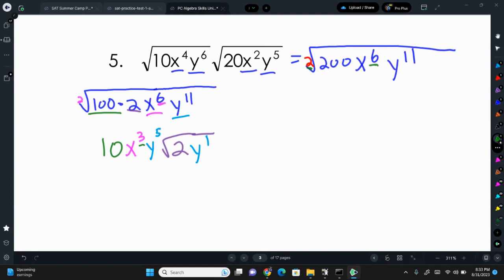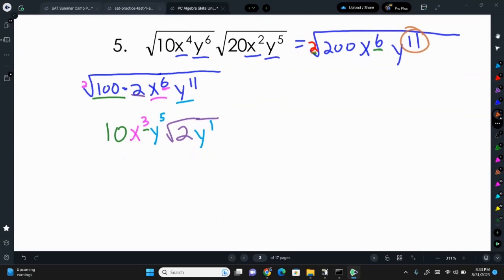So that means I need to put absolute values around x to the third. Now for y, we had an even root, but we started with an odd exponent, so we don't need to do anything with the y's. So our final answer is going to be 10, then the absolute value of x to the third times y to the fifth times the square root of 2y. And we do not need to write a 1 for y to the first power.